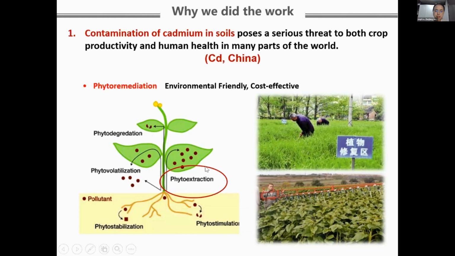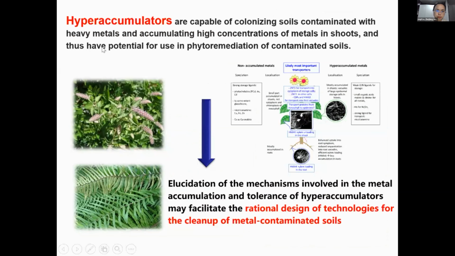But this technology strictly depends on the plants we use. We need plants to accumulate a lot of cadmium or heavy metals in the shoots, but most plants are unable to do this. There are very specific plant species which we call hyperaccumulators.